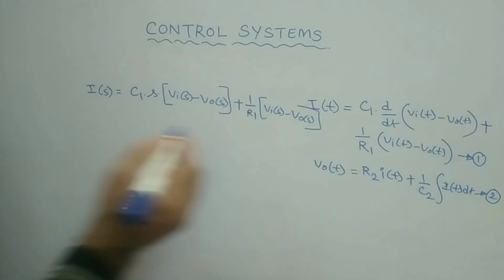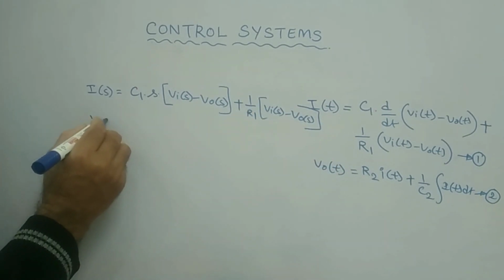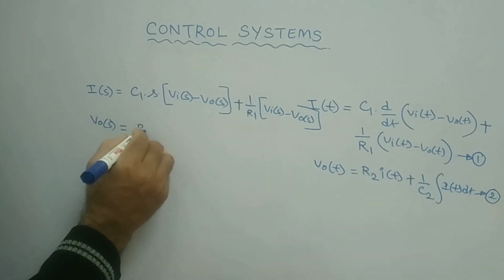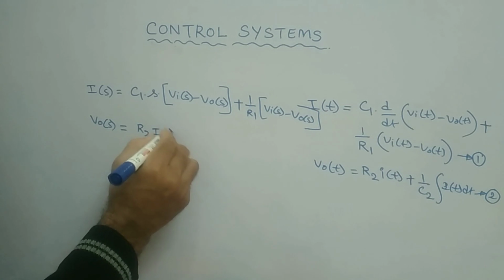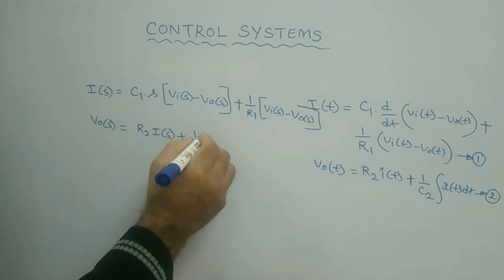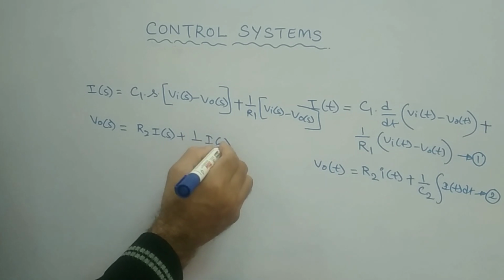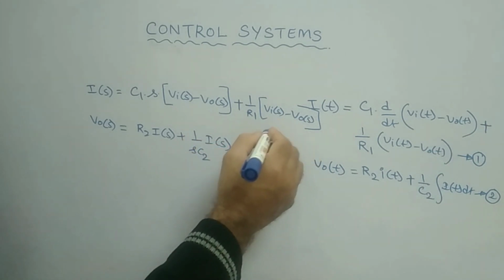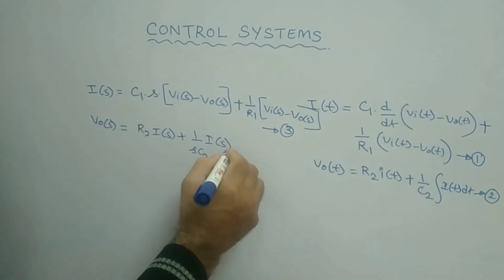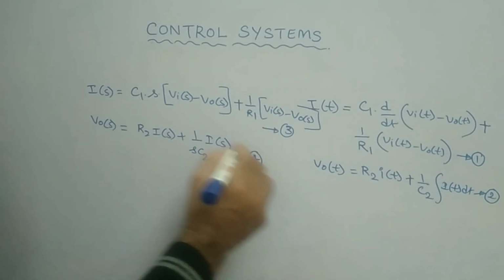And similarly, if you apply it to the second expression, it becomes V naught of s is equal to R2 into I of s plus 1 by s into C2 into I of s. Clear? You can call this equation number 3 and the other equation number 4, let us say.